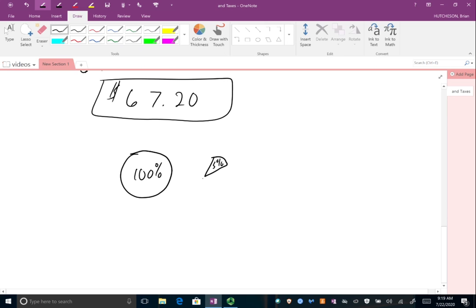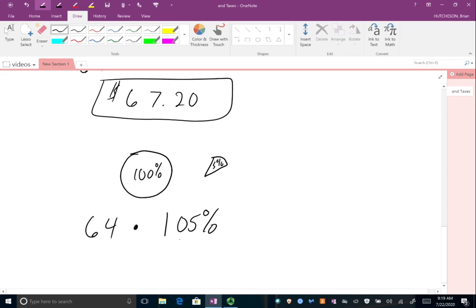So a discount is trying to take away from my 100%. But what is tax doing? It's not subtracting, it's adding. If my sales price was $64 and I want to know what my final out the door price is, I can multiply this guy by 105%.